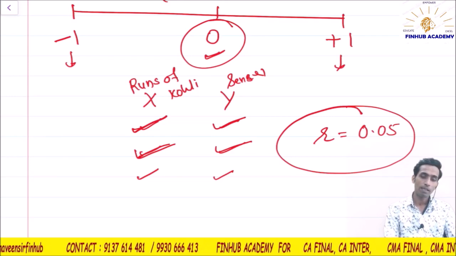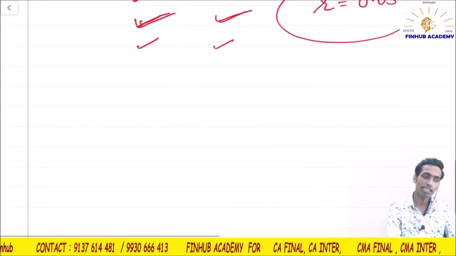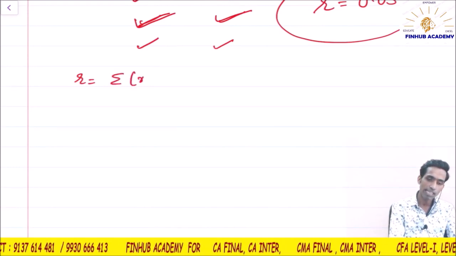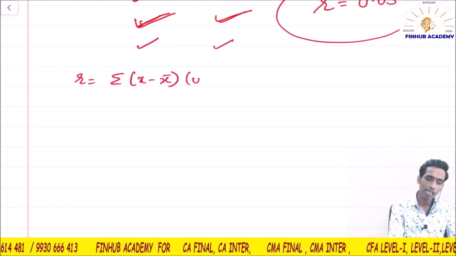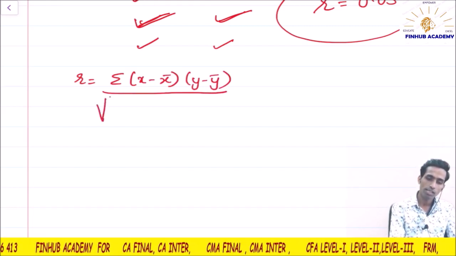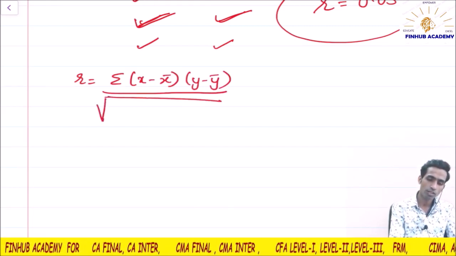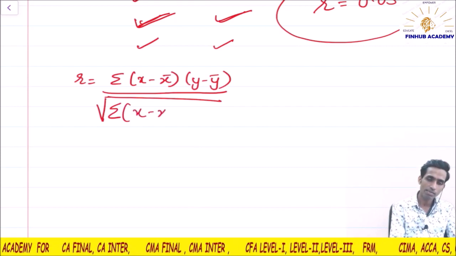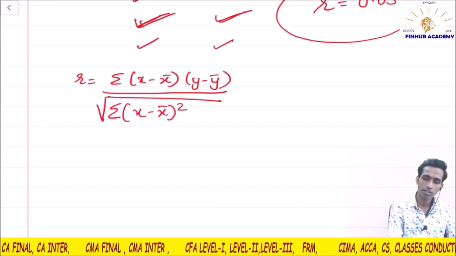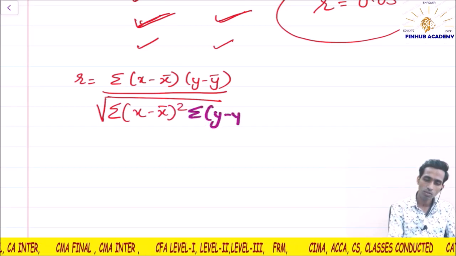Okay. Please write one formula in your book. R is equal to summation of (x minus x bar) into (y minus y bar), upon the square root of summation of (x minus x bar) the whole square, and summation of (y minus y bar) the whole square.